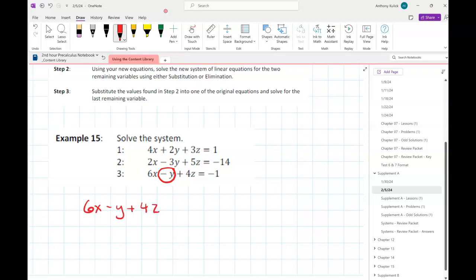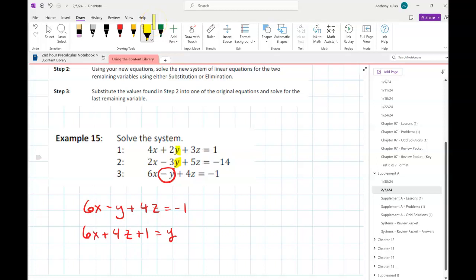So I'm going to take equation 3, and I'm going to get the y by itself. So I'll add the y to the one side and add the 1 back to the other, right? Everybody cool?